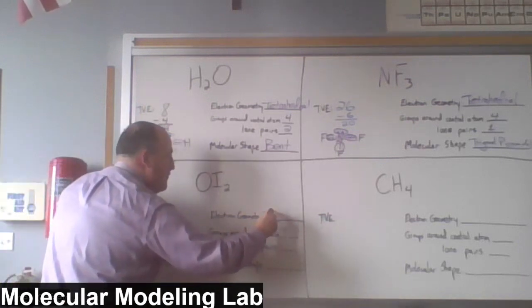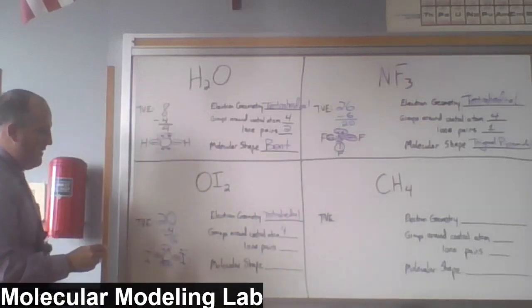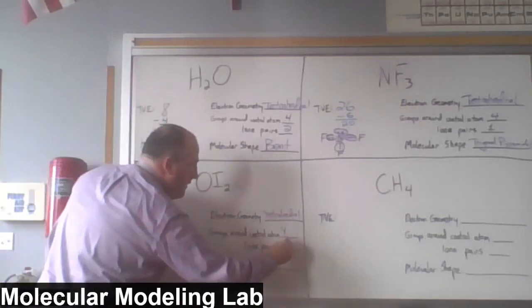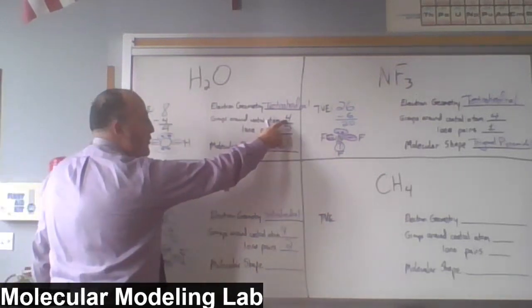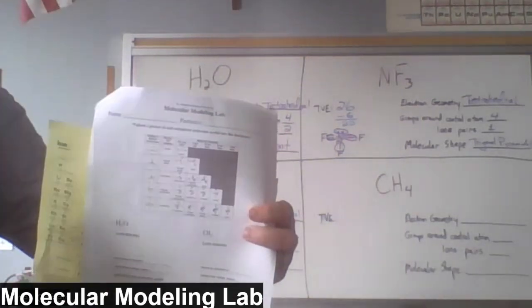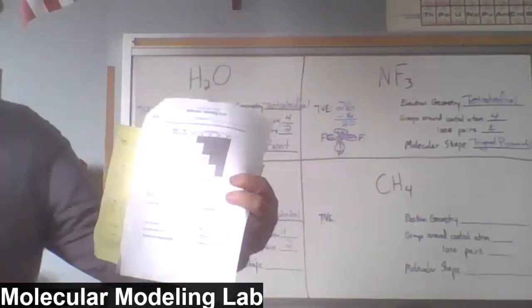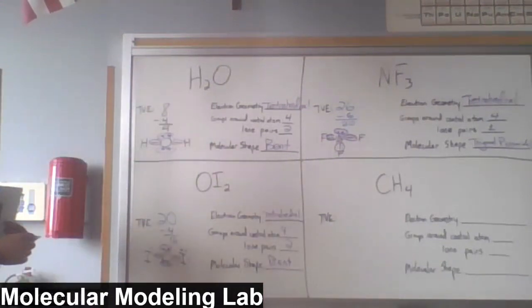That gives us, once again, 4 electron groups around the central atom, and tetrahedral geometry. Okay, this is looking a lot like water, right? Water has 4 electron groups and 2 lone pairs around the central atom, which gives us a bent molecular shape.